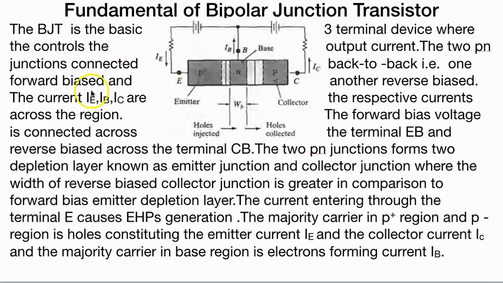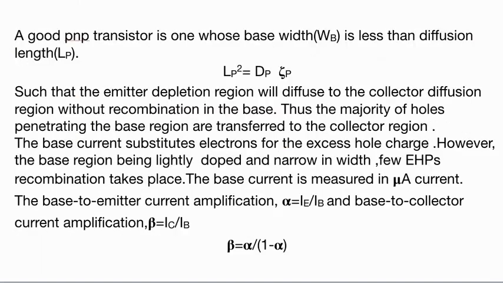So we'll next see how the currents in a BJT are derived. Before that, a good PNP transistor is one whose base width is less than the diffusion length.